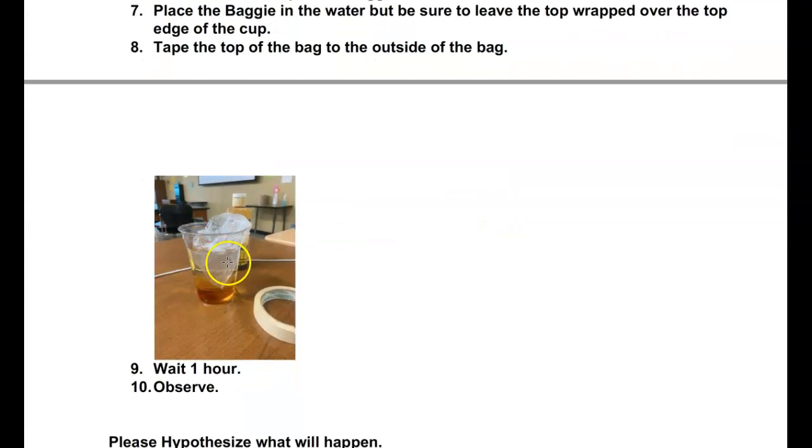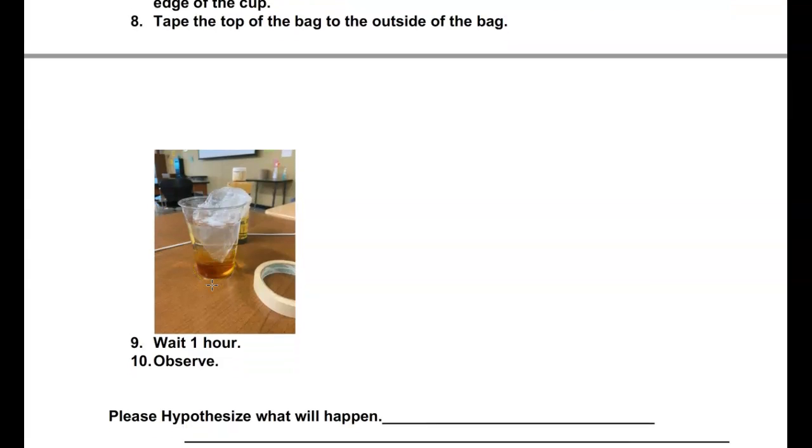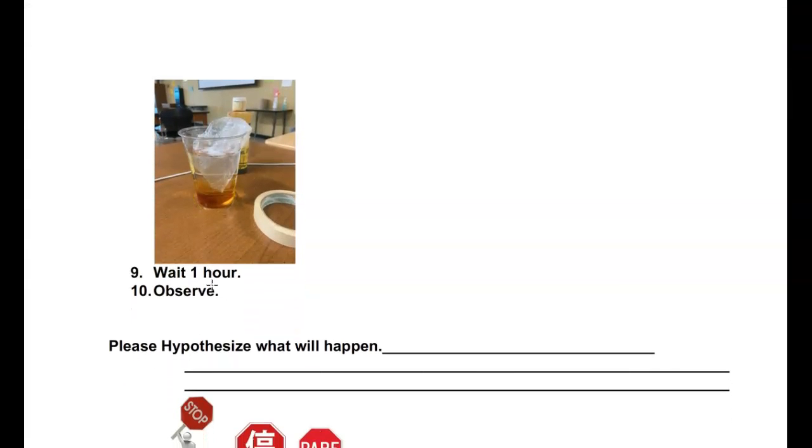All right, so our IKI settles out a little bit, and then here is our starch inside the bag, and I've tied a knot and put the bag over so the top of the bag is outside the cup and it's taped on to prevent any of that from spilling out. Wait an hour. Sometimes we'll wait for a day.